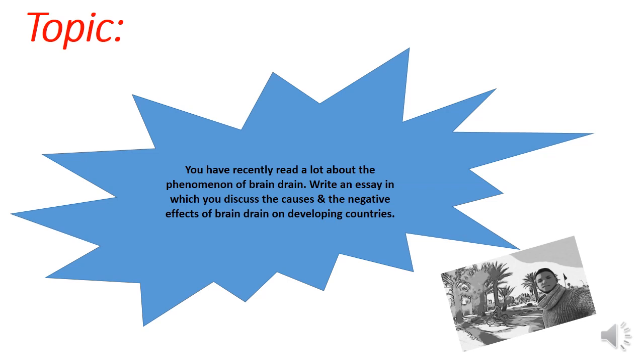Your task is to write an essay in which you discuss the causes and the negative effects of brain drain on developing countries, not developed. I already explained what is developing with ing and what is developed with ed. So what are the negative effects of brain drain on developing countries?